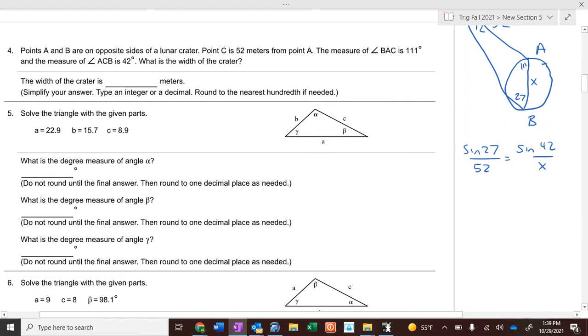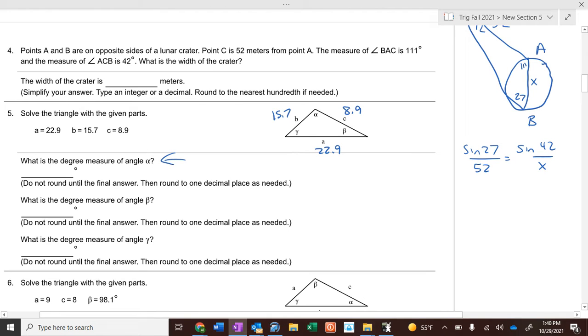All right, when we have a side-side-side triangle, 22.9, 8.9, 15.7. You want to find angle alpha first.